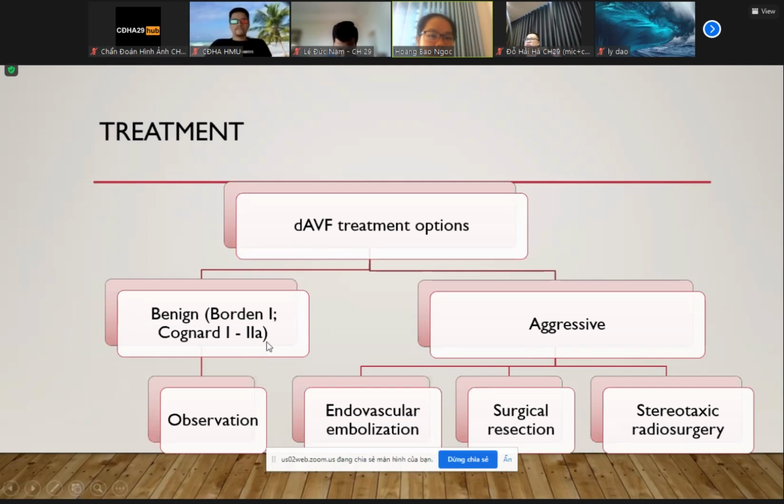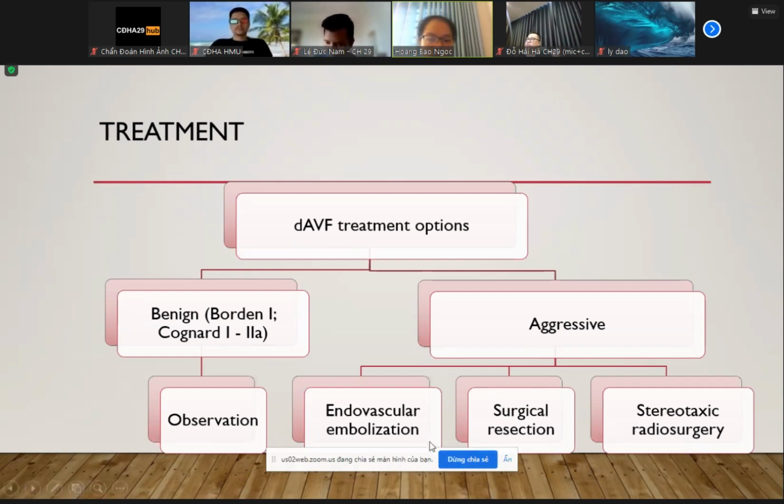For benign lesions classified as Borden type 1 or Cognard 1 and 2A, all we have to do is observation and maybe a follow-up examination. For aggressive lesions, there are treatment options like endovascular embolization, surgical resection, and stereotactic radiosurgery.